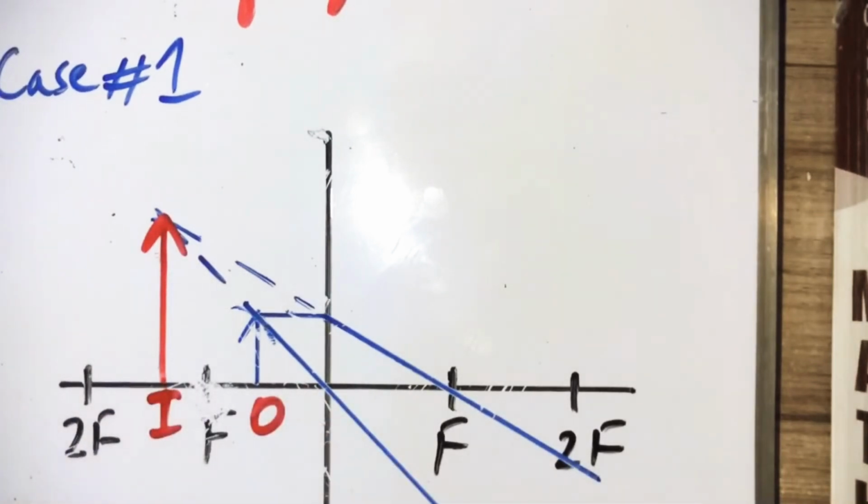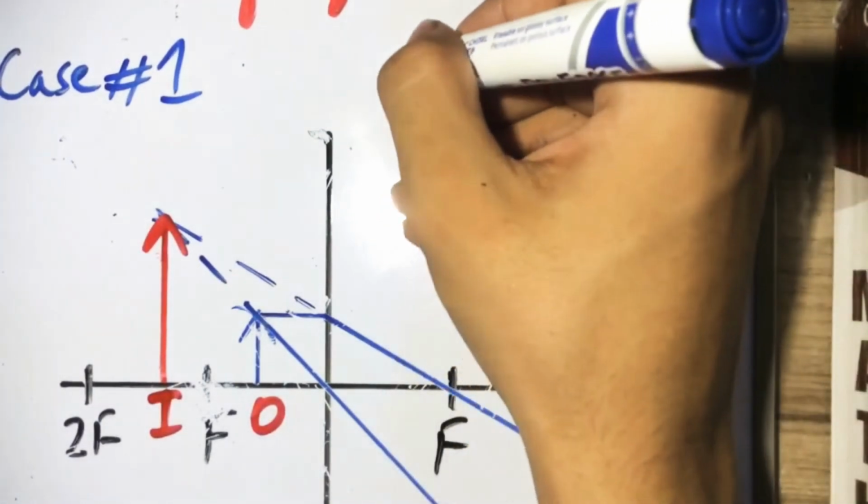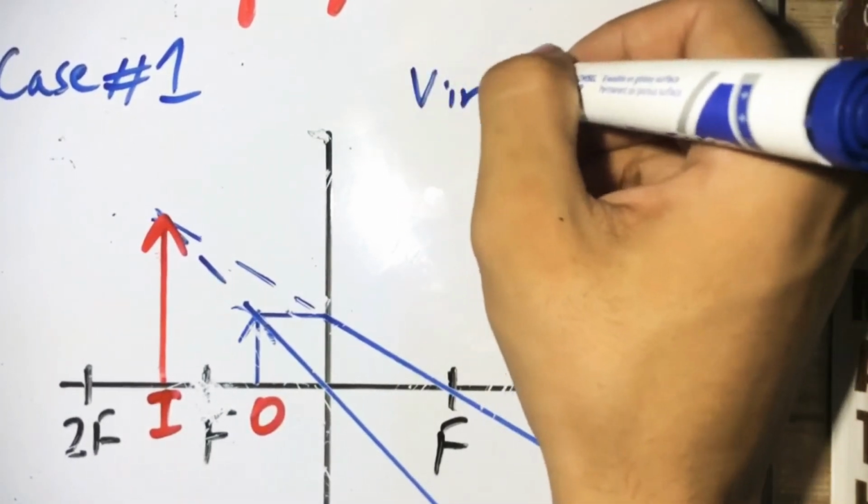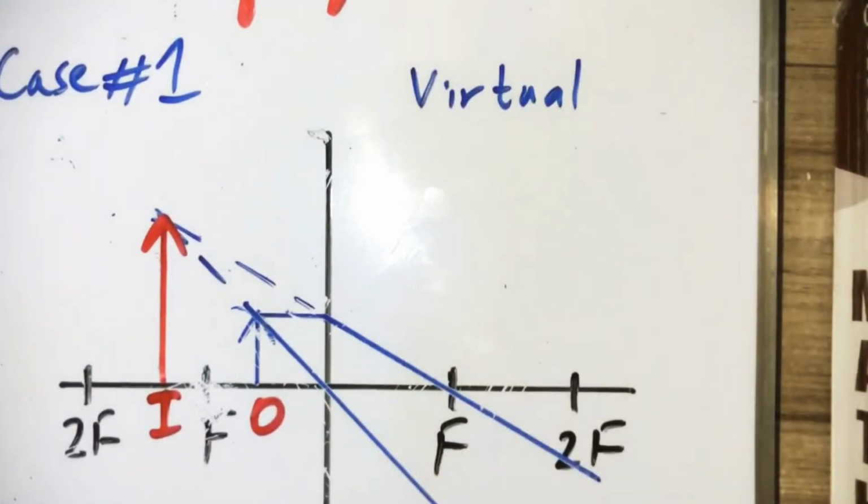Now the nature and the features of this image. Since this image is on the same side of the lens as the object, it is virtual. A virtual image is one that cannot be produced on a screen.